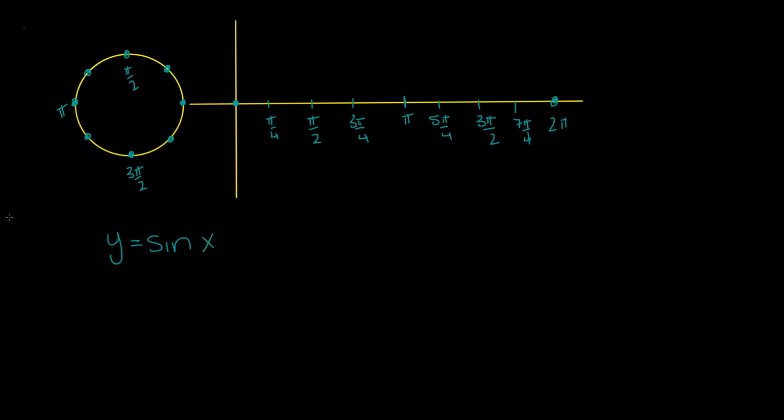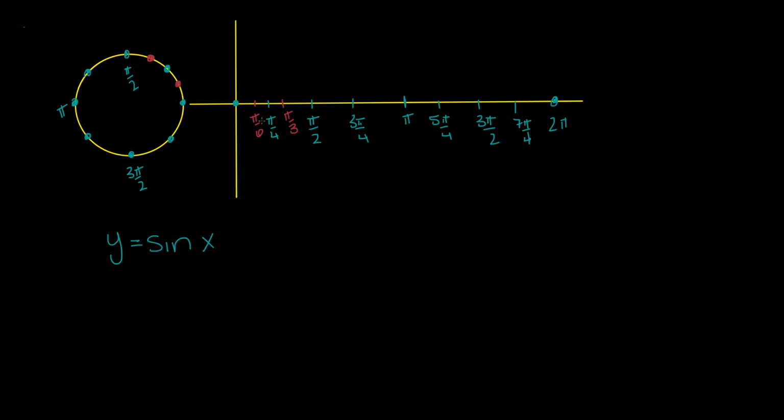The next ones that we can graph are probably these in between. This is pi over 6, pi over 3. If you look at this, these two points are closer to pi over 4 than they are halfway in between.